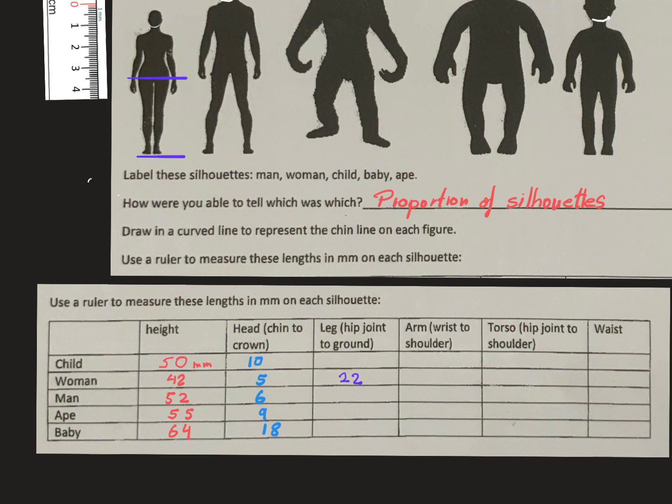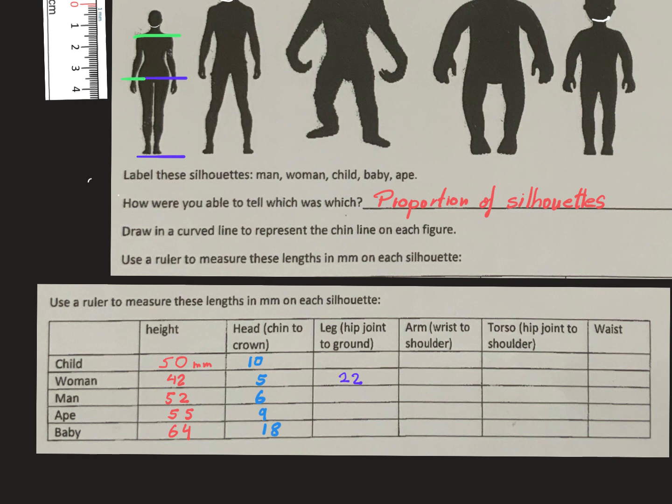And to measure the next one, the arm, which is from wrist to shoulder. So I'll go from the wrist here. Shoulder to wrist, somewhere about here as well.